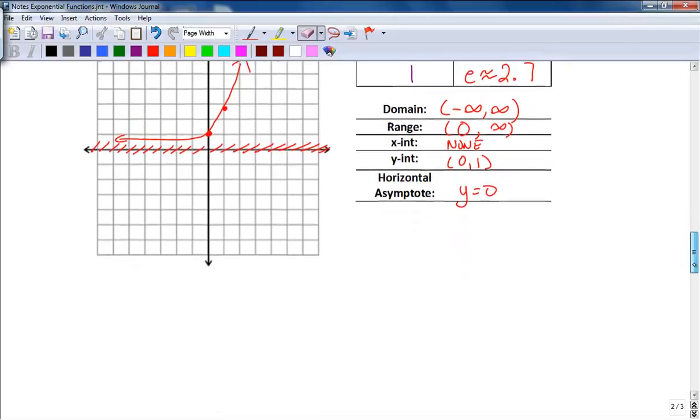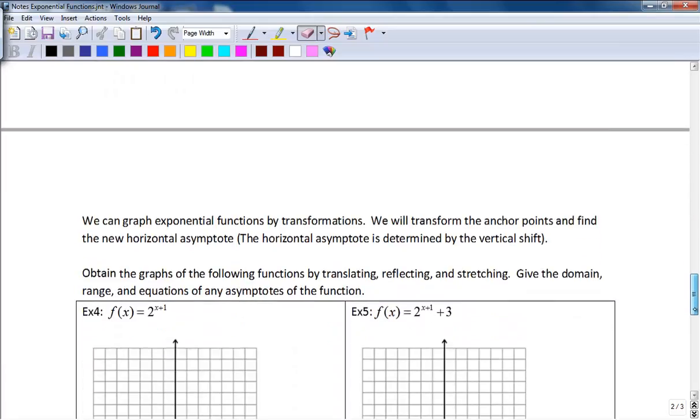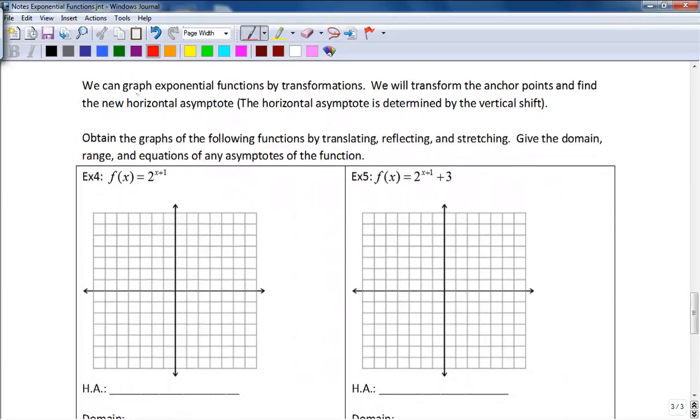Well, let's look at transforming these functions. We can graph any exponential function by transformations. Those transformations, again, were the vertical shift, horizontal shifts, and for these, really, we're only going to look at reflections, no compression or stretch. So we're going to take those anchor points that we know are on there, which are (0, 1) and (1, a), and we're going to transform them.